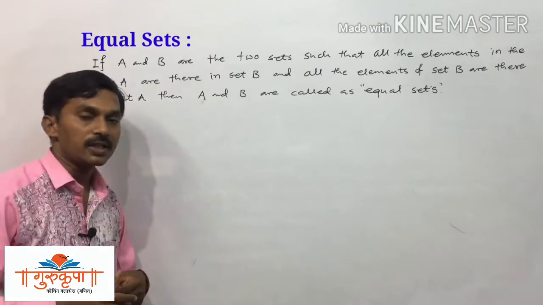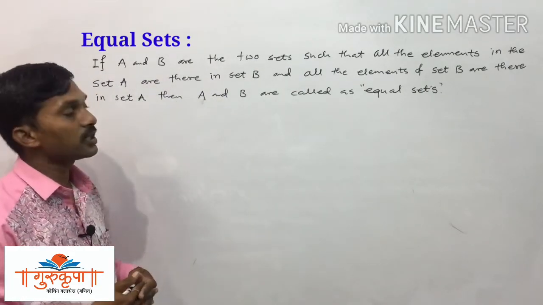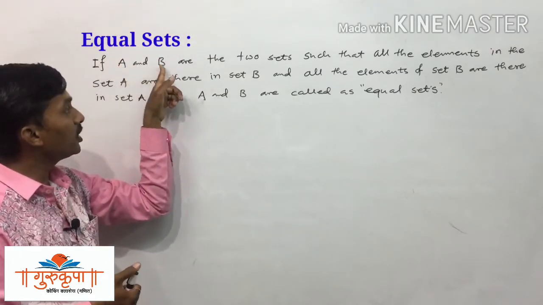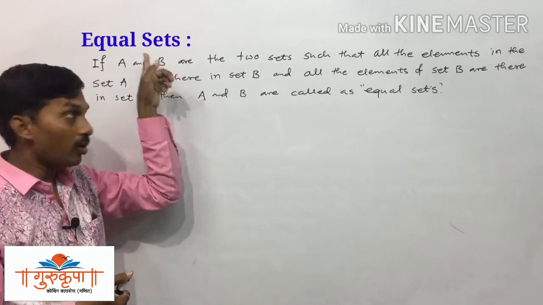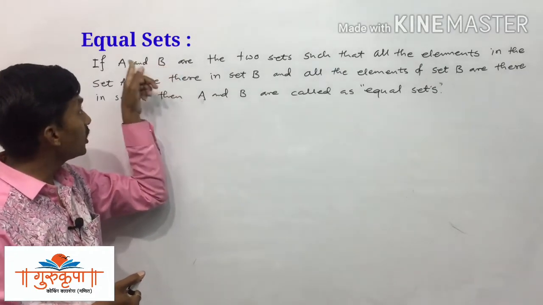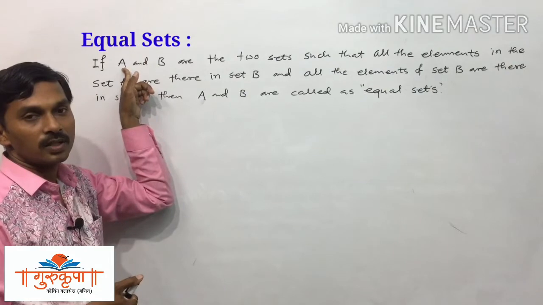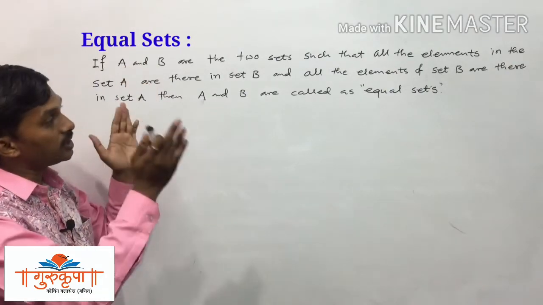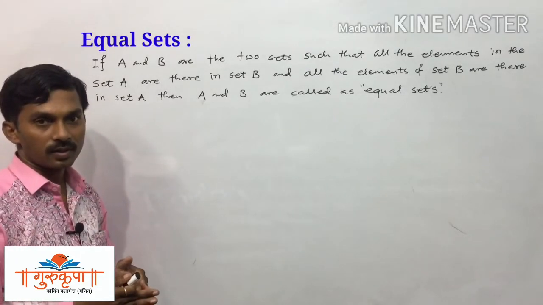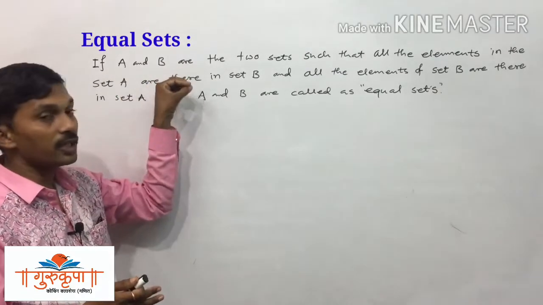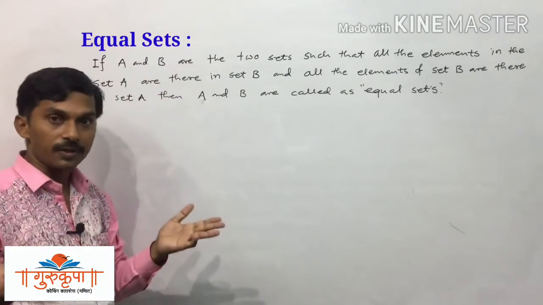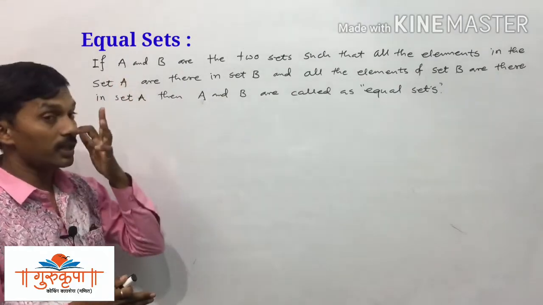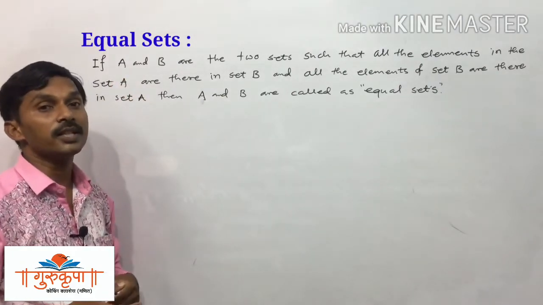When two sets are said to be equal sets, if all the elements in the first set are there in the second set, and all the elements in the second set are there in the first set. Means if we have the same elements in both the sets. The other meaning of this statement is, if both the sets contain the same elements, then these two sets are said to be equal sets.